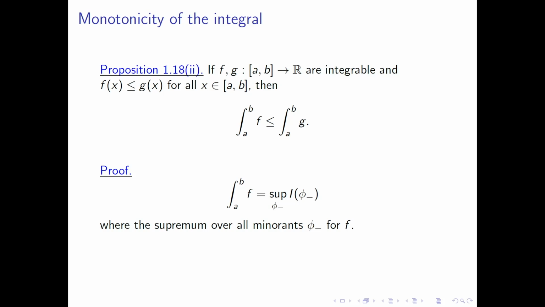Now f is less than or equal to g, so any minorant for f is also a minorant for g. So when we look at the integral of g and the supremal value of I phi minus over all minorants for g, that includes all minorants for f, and therefore the supremal value for g is greater than or equal to the supremal value for f. And therefore the integral of g is greater than or equal to the integral of f. Okay, so that's not too bad.